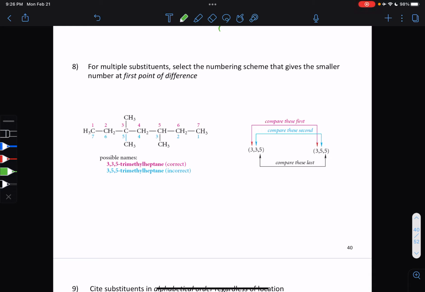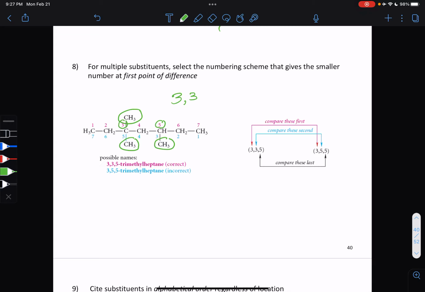Now, if we number left to right, notice that what we'll have is 2 methyls on carbon 3 right there. And then we'll have a 3rd methyl on carbon 5. So that is going to give us 3, 3, 5 at the beginning. So it's going to be 3,3,5 trimethyl, and you can see that right here.